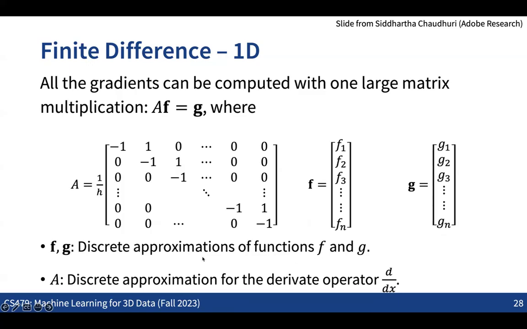So f and g here: f is the discrete approximation of the function, and g becomes the first derivative of the function f here, right? And the matrix A plays the role of computing the gradient of the given function. So this is the discrete form of the continuous functions and operations. Make sense?